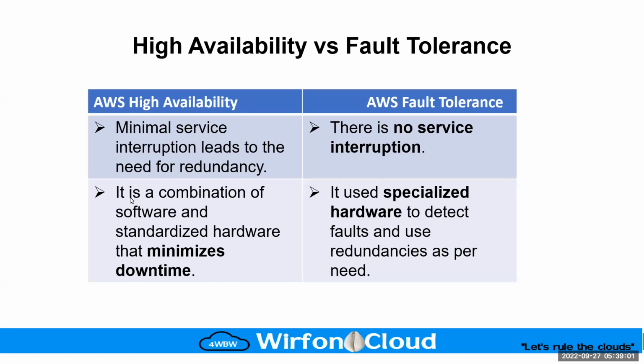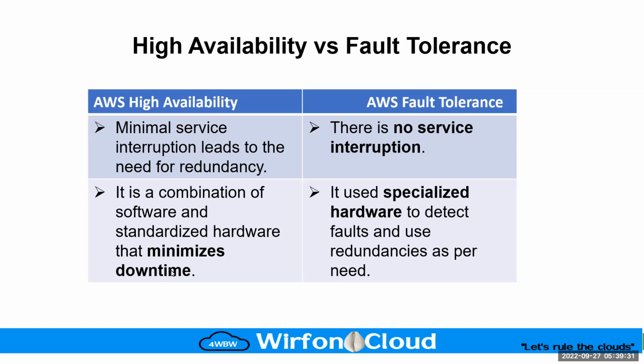Moreover, high availability is a combination of software and standardized hardware that minimizes downtime. Going back to our example of a car, the spare wheel could be the hardware that will minimize the downtime.